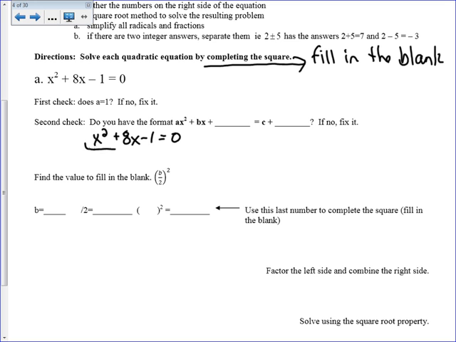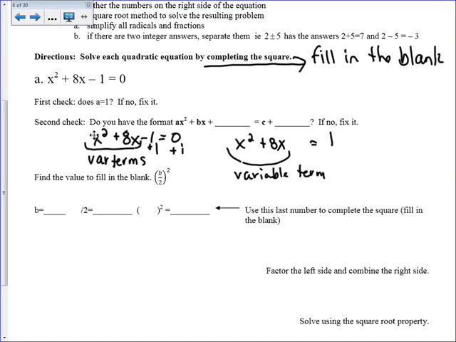I want just my variable terms on the left. I need to get the constant over to the right. So for this problem, it's going to be adding 1 to both sides. So I have x squared plus 8x equals 1. So variable terms on one side and the constant on the other.